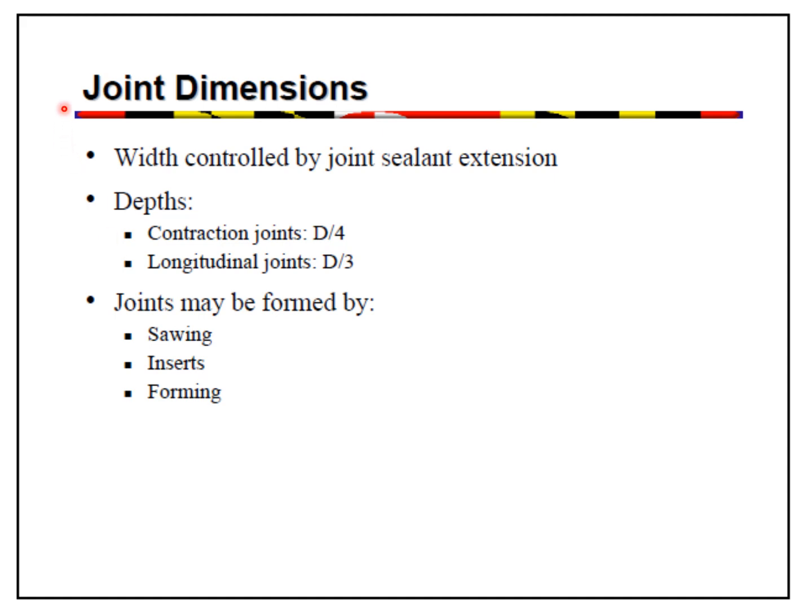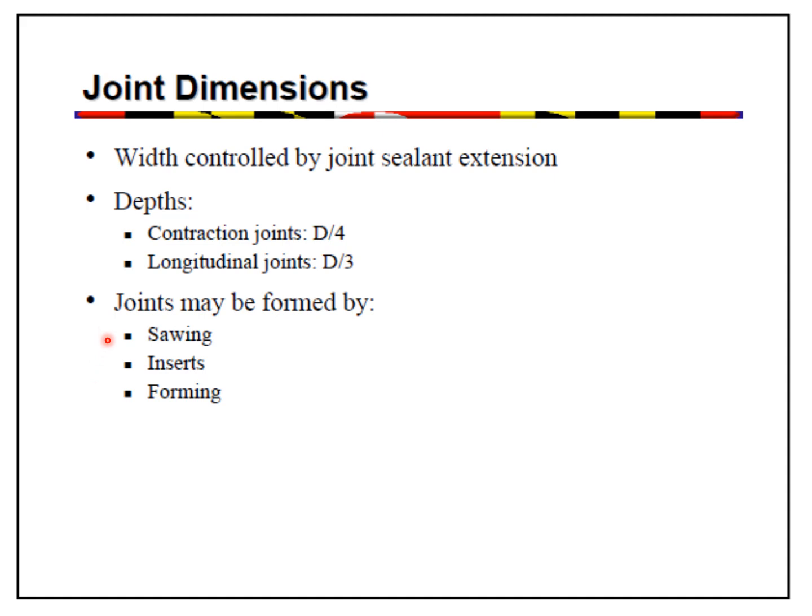Joint dimensions. Width is controlled by joint sealant extension, and the depth is D by 4 in contraction joints and D by 3 in longitudinal joints. Joints may be formed by sawing, inserts, or forming.